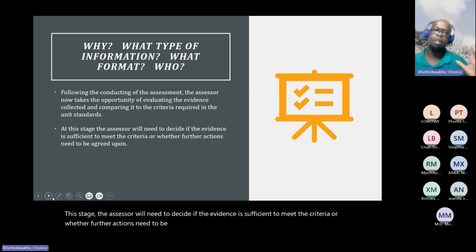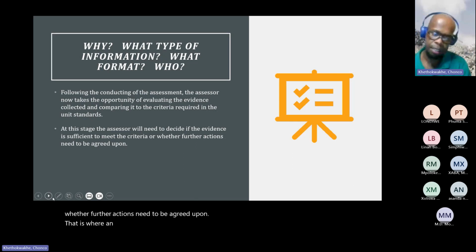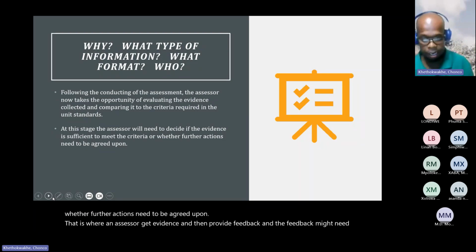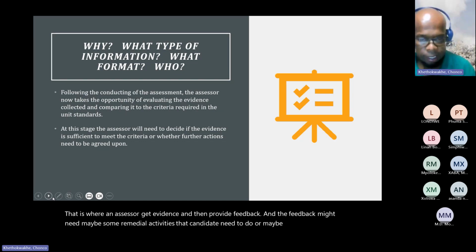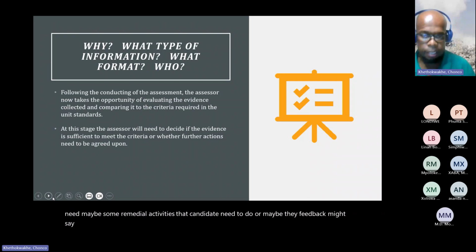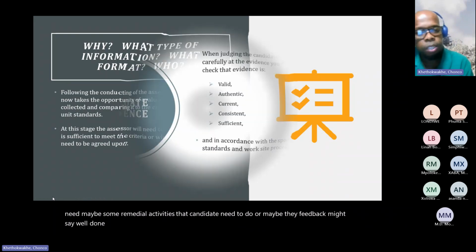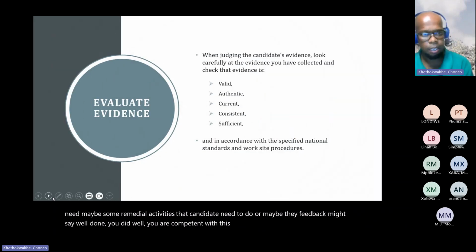So at this stage, that is where an assessor gets evidence and then provides feedback. The feedback might need some remedial activities that a candidate needs to do, or the feedback might say, well done, you did well, you are competent with this particular unit standard.